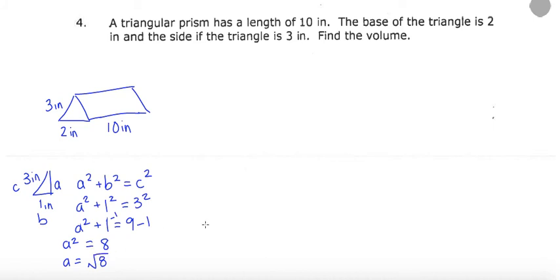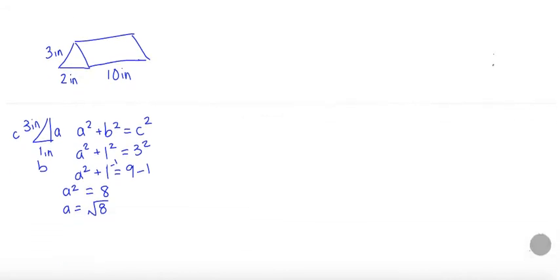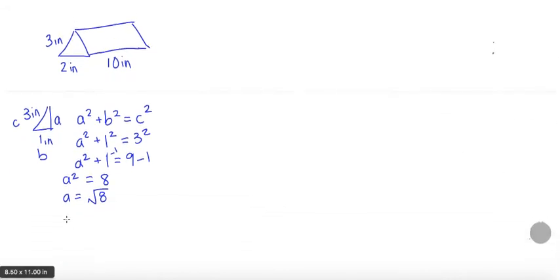And that's not going to be a nice whole number, so we can use 1 decimal place for this. So when I round it to the nearest tenth, it'll give me 2.8, and my units are inches.